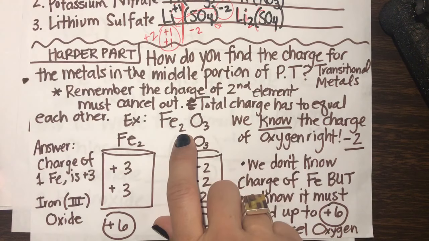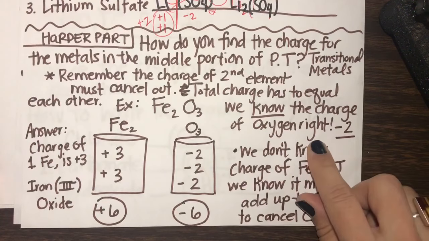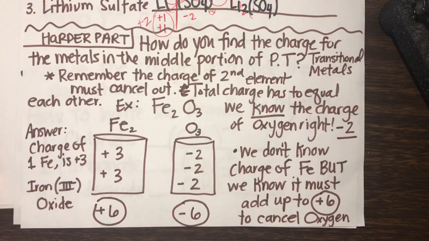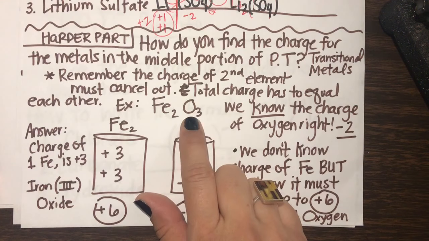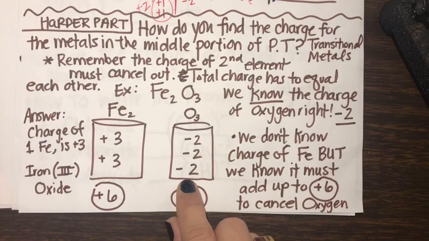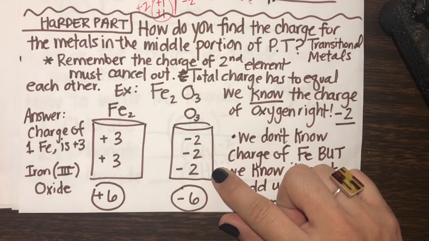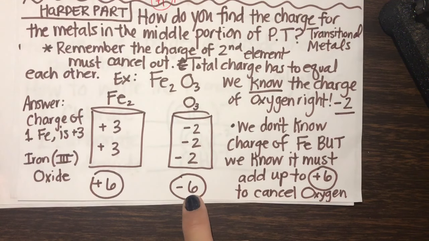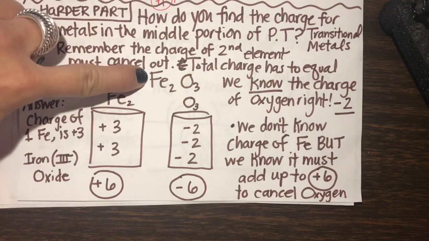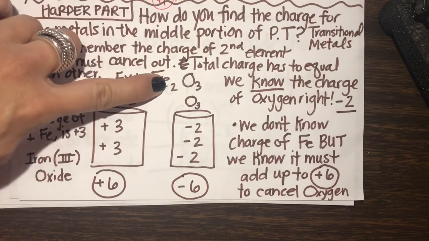So here's your example, Fe2O3. We know the charge of oxygen, right? We can look at the periodic table and find the charge of oxygen. You're always going to know the charge of the second one. But there's 3 of them. So in this jar, it's -2, -2, -2. So the entire charge of oxygen is what? It's -6. I don't know what the charge of Fe is, because Fe's in that middle region. But I do know I have 2 Fe's.